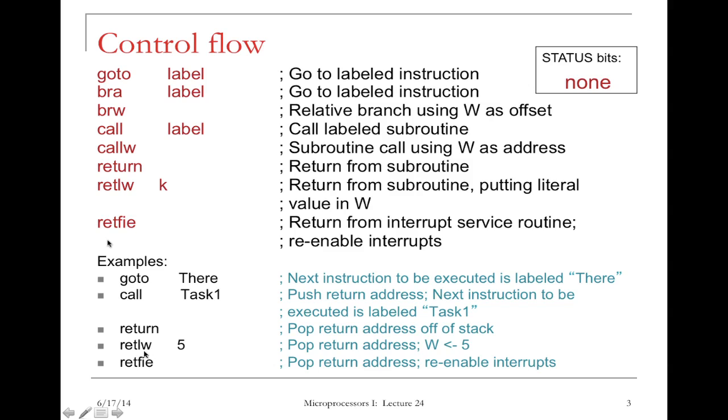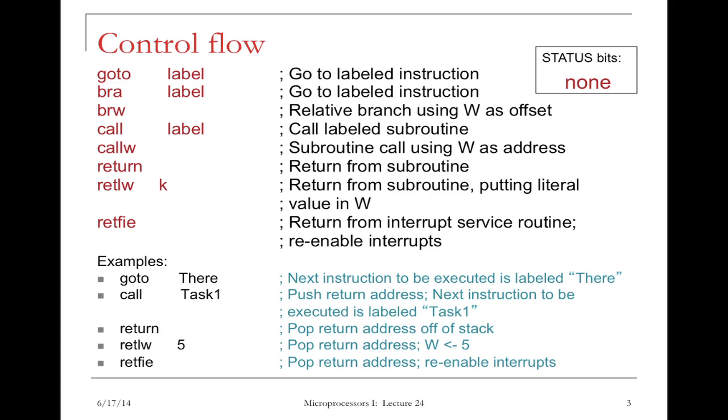RETLW is to pop the return address, but also put a literal value into the working register W. In our case, this is 5. So not only will the subroutine return to the caller when it sees this RETLW, there's one more thing this instruction will do, which is to put the number 5 into the working register W. It's like a move instruction and then a return instruction.